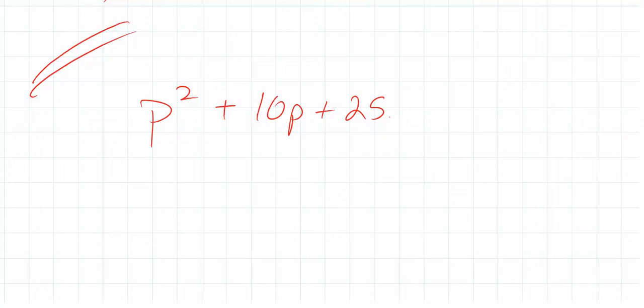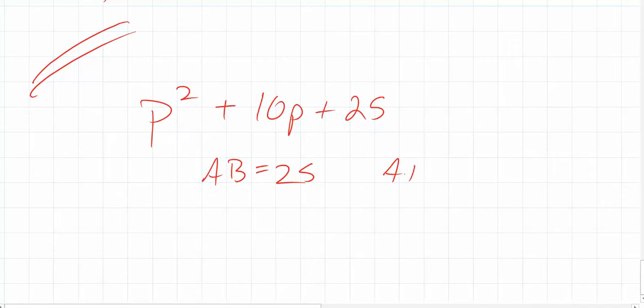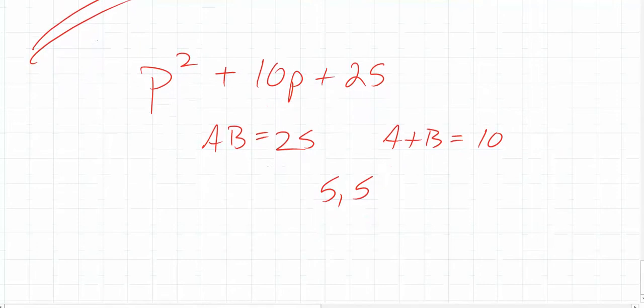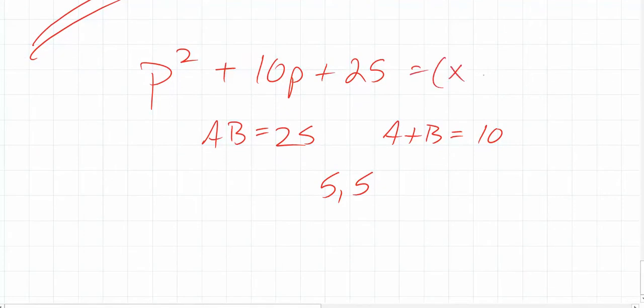In this case, you're looking for two numbers that multiply together to get what? 25. And add together to get what? 10. Can you tell me two such numbers? 5 and 5. So if it's 5 and 5, what does this factor into? p plus 5 times p plus 5.